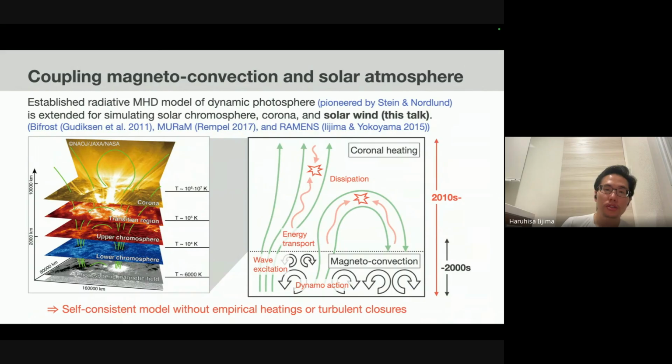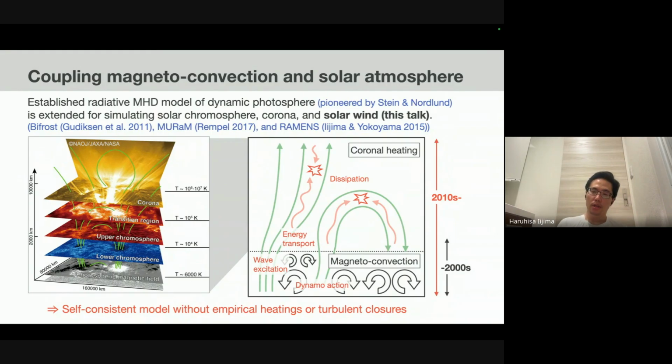The numerical simulation of the solar photosphere has already been established. It is a very successful numerical simulation model, pioneered by Rob Stein and Åke Nordlund around 1980 and 1990. Recently, this model has been extended to simulate the solar chromosphere, corona, and solar wind, as introduced in this talk.